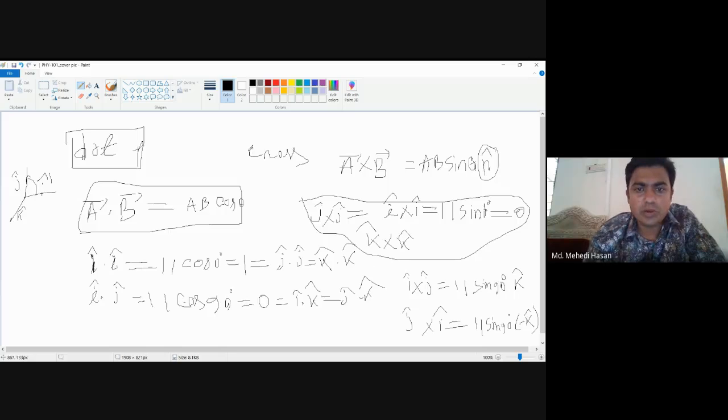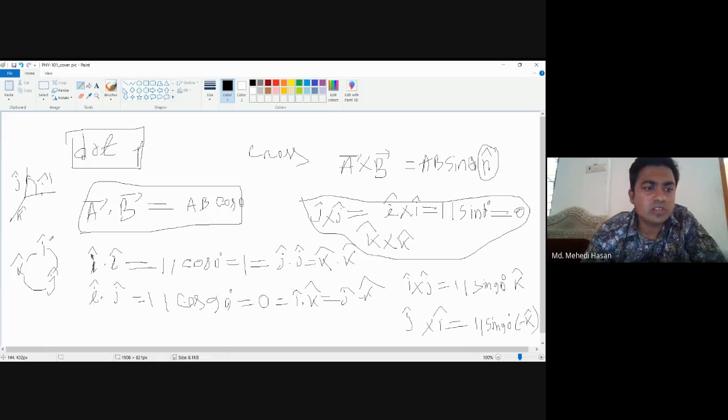The procedure to memorize this: write i, j, k, then i again. If you follow the same circle, i, j, k, i, j, k, i, the result will be the remaining vector: i cross j equals k, j cross k equals i, k cross i equals j.